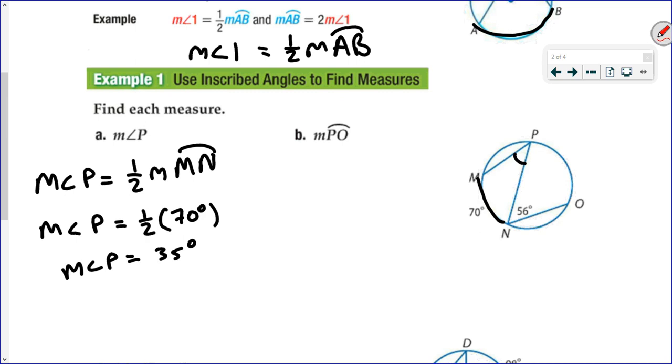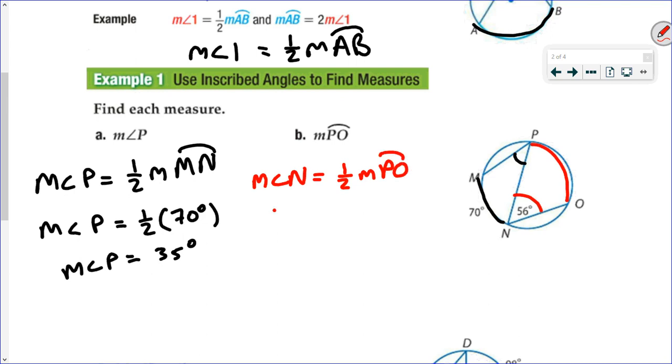Right? And then this next one, we want to find the measure of arc PO. So here we're using the arc, but it's the intercepted arc for the inscribed angle, angle N. So we can use that the measure of angle N is equal to 1/2 the measure of the intercepted arc, which is the arc we're looking for, of course, PO.